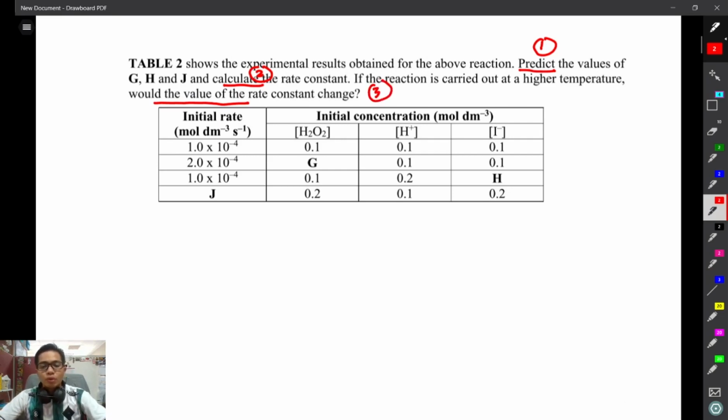Okay. So for this kind of question, it is better to recap the characteristic of each order. So let's recap.